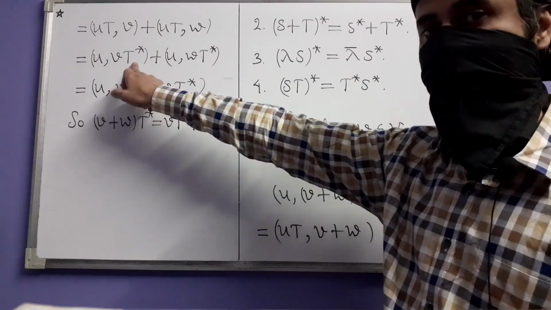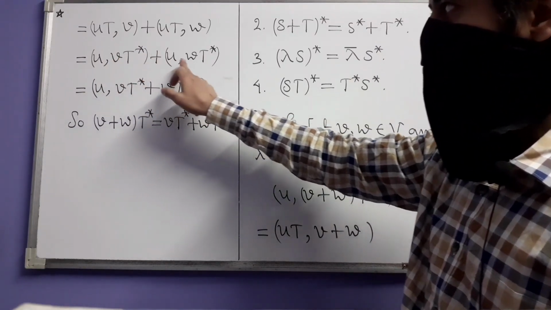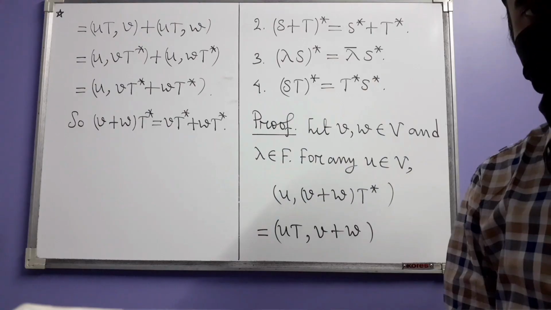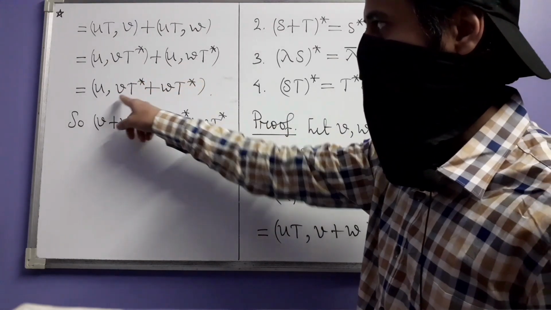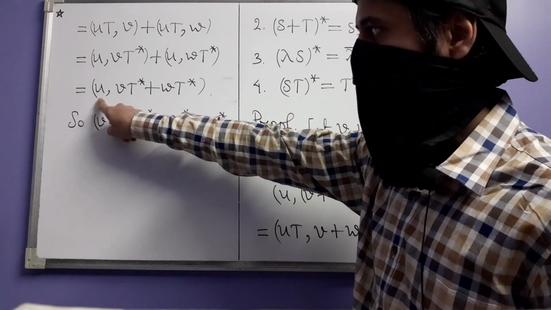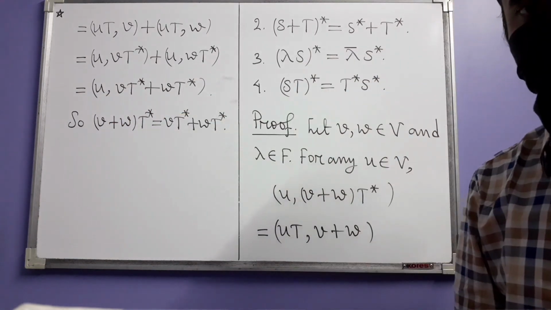It again becomes T star: u comma Vt star plus u comma Wt star. And again you apply linearity and get the inner product of u and Vt star plus Wt star.